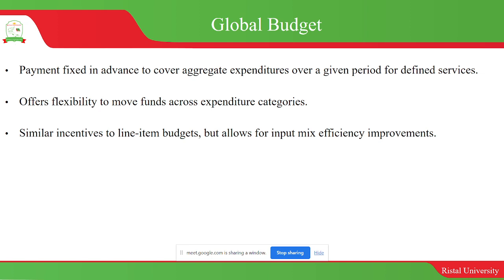So money is transferred to providers to cover all the other expenses that have been accumulating over a given period, for example for outpatient or inpatient services, depending on the arrangement. And this allows flexibility in moving funds across the different expenditure categories.